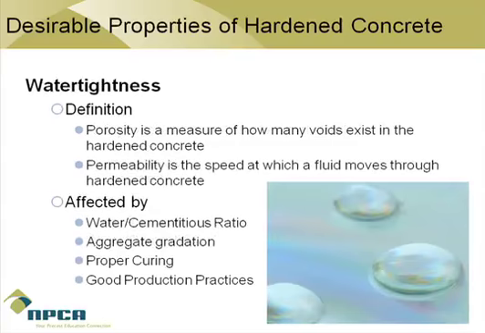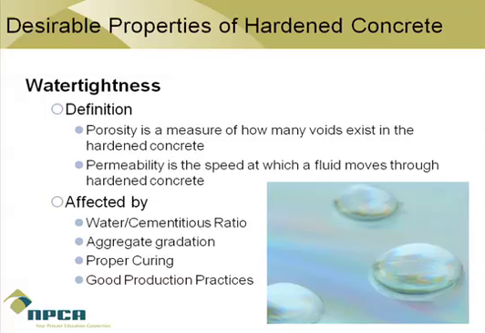Is good quality concrete watertight? The answer is yes. Although concrete is a porous material, we can control the size and dispersement of those pores through water control, aggregate gradation, admixtures, and proper curing and consolidation, thus controlling the concrete's permeability, or the speed at which fluid makes its way through the structure.